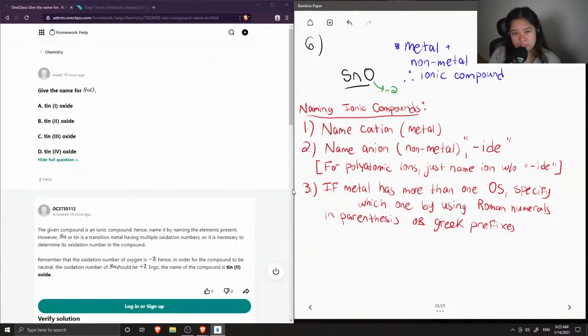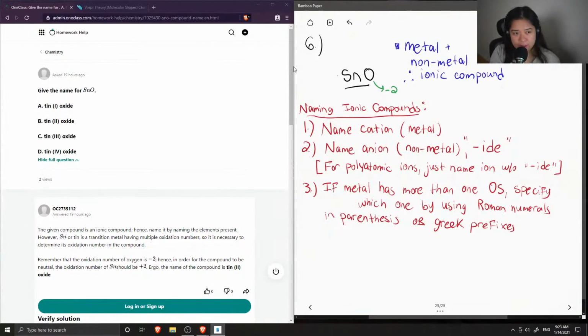Since we have a neutral compound, we know that the tin must balance out this -2 charge, so it's going to have an oxidation number of +2. Therefore, we can just say that the name is tin 2 oxide.